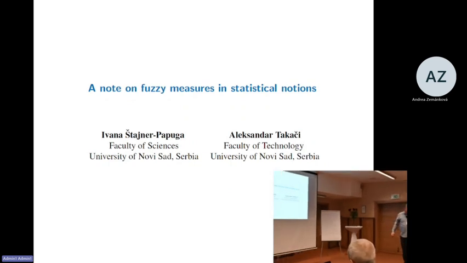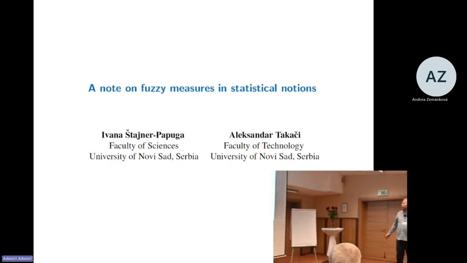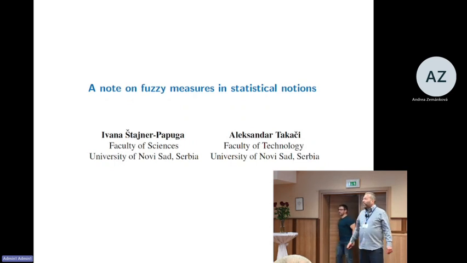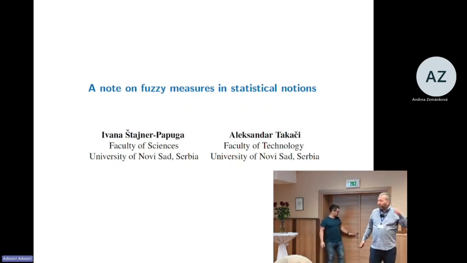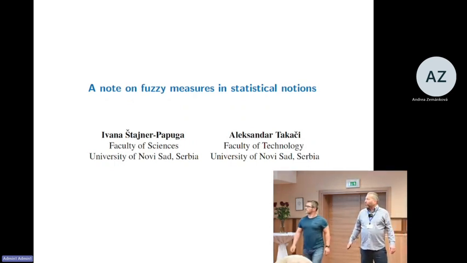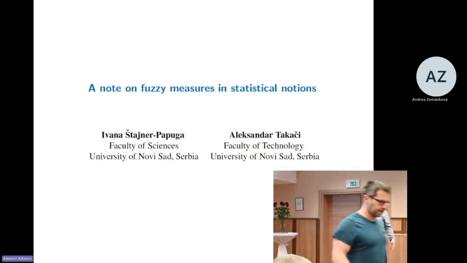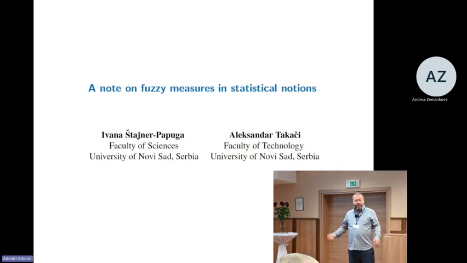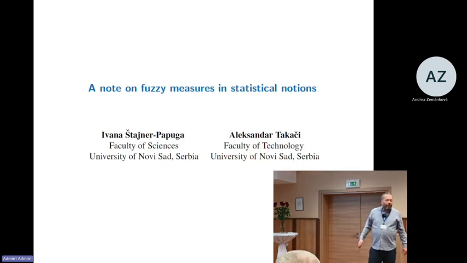They discussed how to reconcile the unreconcilable, the statistical notions and fuzzy notions. The idea came, and thanks to our provincial secretariat of Vojvodina, a small project was obtained, and through that project we will also present some results here.